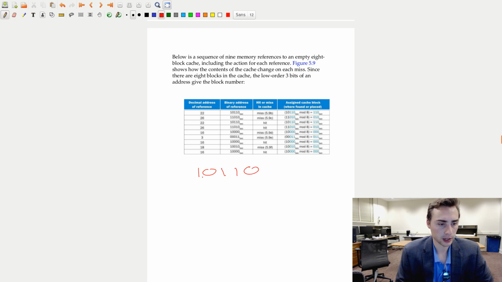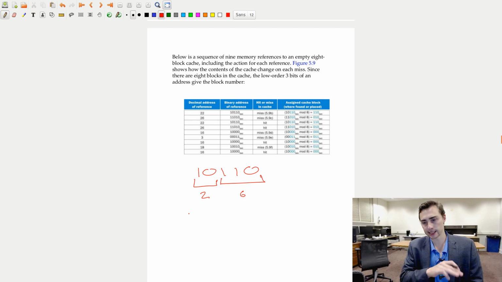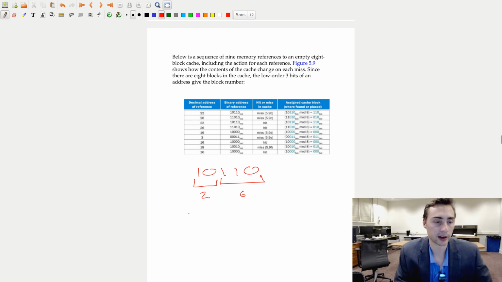22, the address will be 10110. Based upon the scheme that we were working on, we're going to store it in spot 6 in the cache, and it's going to correspond to the second value mapped to that spot.